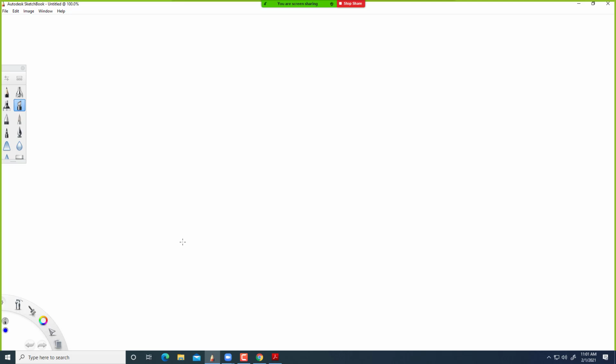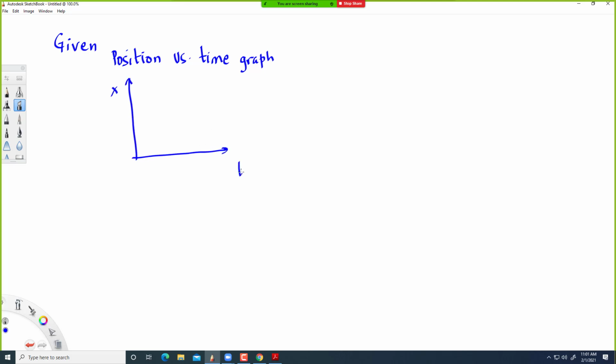So, if you are given a position versus time graph, meaning if you are given x versus t, then you can find the slope to find velocity.